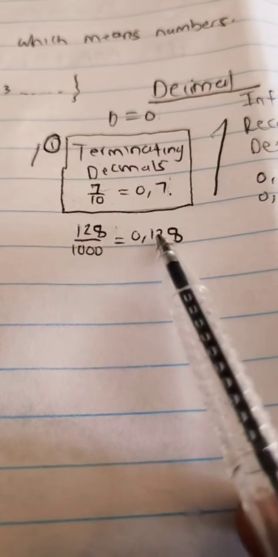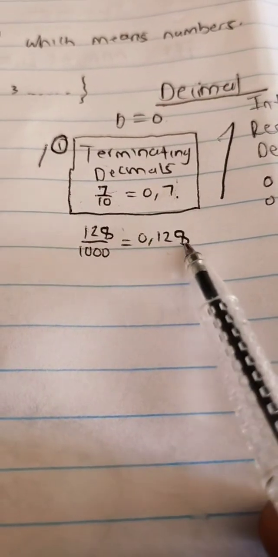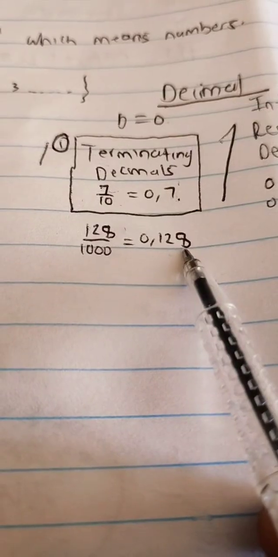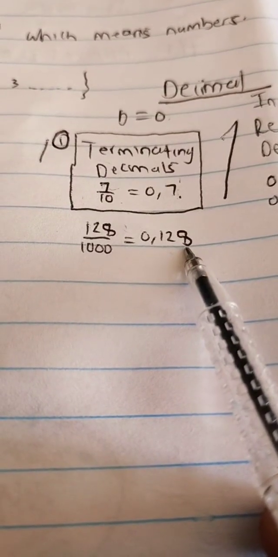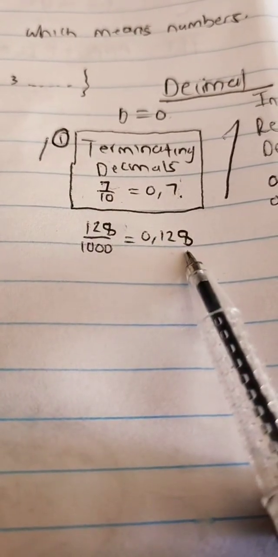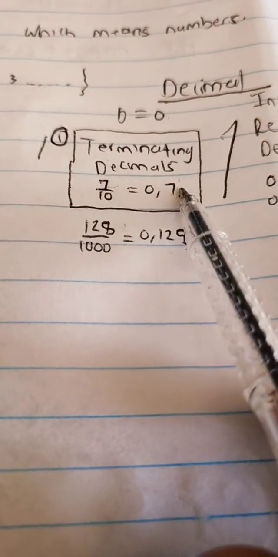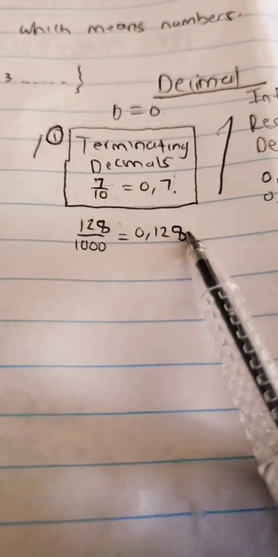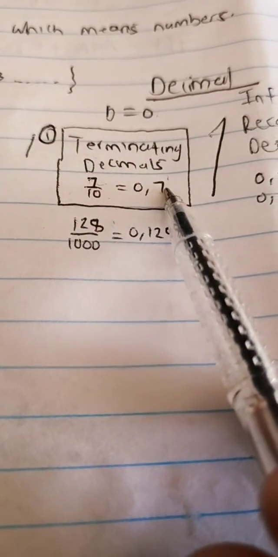What does that mean? We are now terminating at the third place. Does that make sense? This is third decimal, first decimal, third decimal. Here we terminate at the third. Here we terminate at the first. We stop at the third decimal place. We stop at the first decimal place. That's what I mean by terminating decimal.